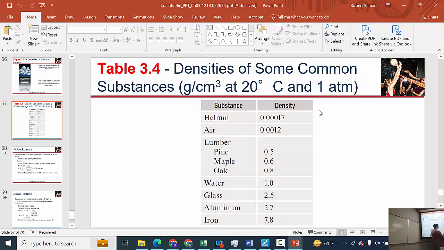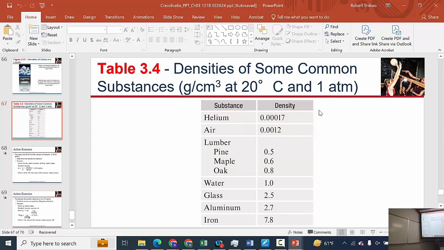Helium is a lot less dense than air, 0.17 grams per liter. If it's a gas, then it's typically about a gram per liter. Some gases are going to be heavier.